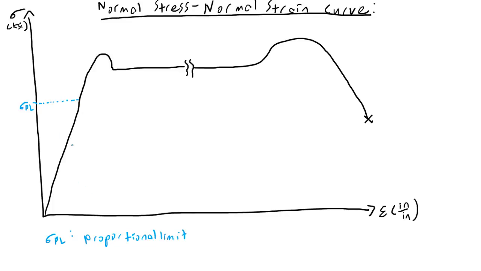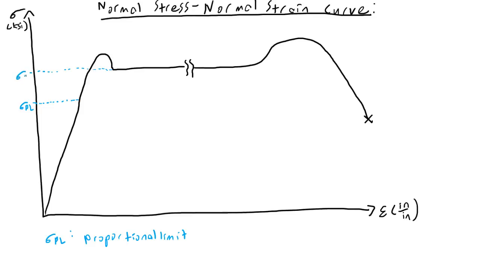Let's see, what else do we have? Then sigma yield, here. This is going to be sigma y for sigma yield.